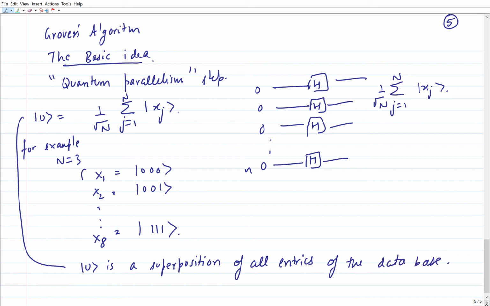I'm basically enumerating the entire database, 0, 0, 0, 0, 0, 1, 1, 1, and so on and so forth. So among all these x of j's, I'll just again write u.